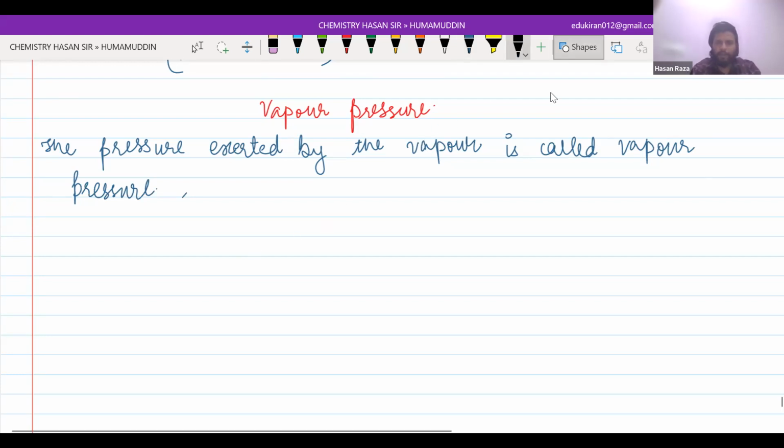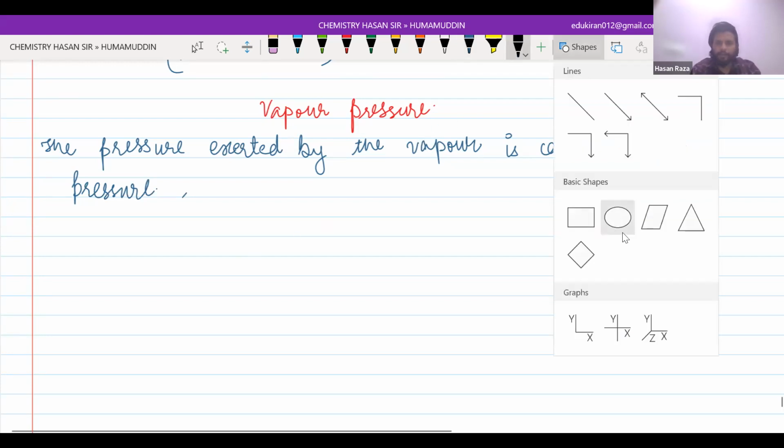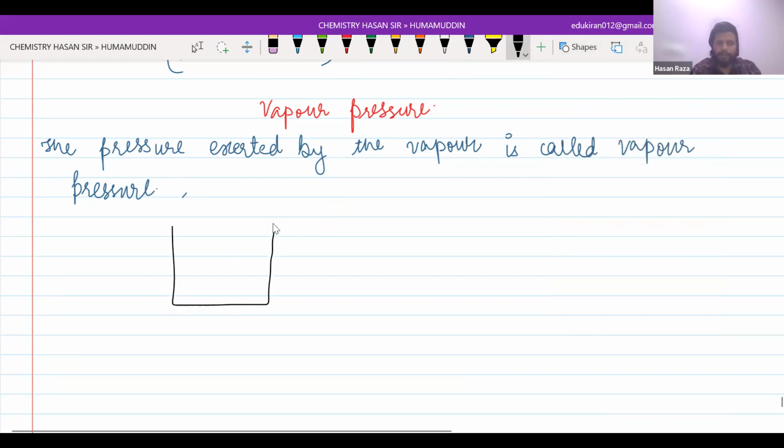Now see, if we have a container in which water or any volatile substance is present, there are two types of molecules here.